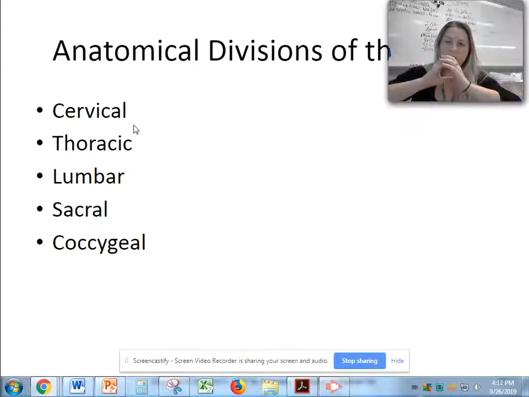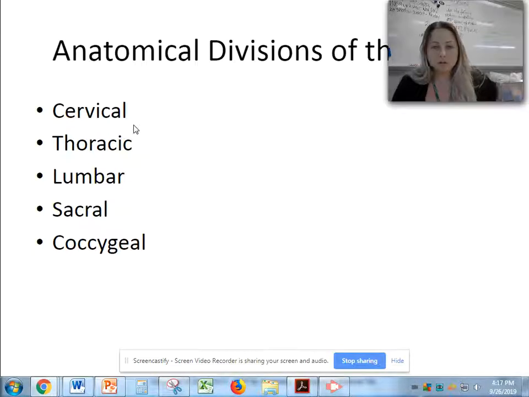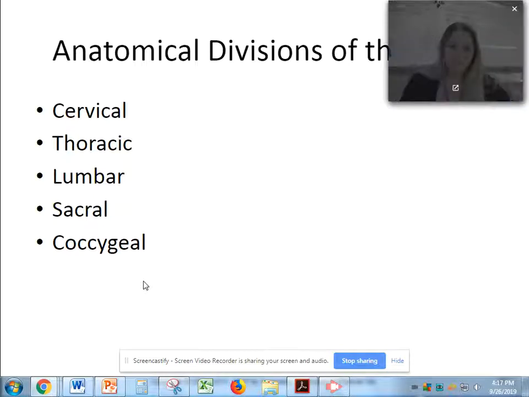So these are very big vertebra in your lower back. And your sacrum, the sacral region, is kind of the area in between your hips. And it's a bunch of fused bones all together. And then you have the coccygeal, which is your coccyx, down at the very bottom of your tailbone. Okay. Yes, humans have a tail.